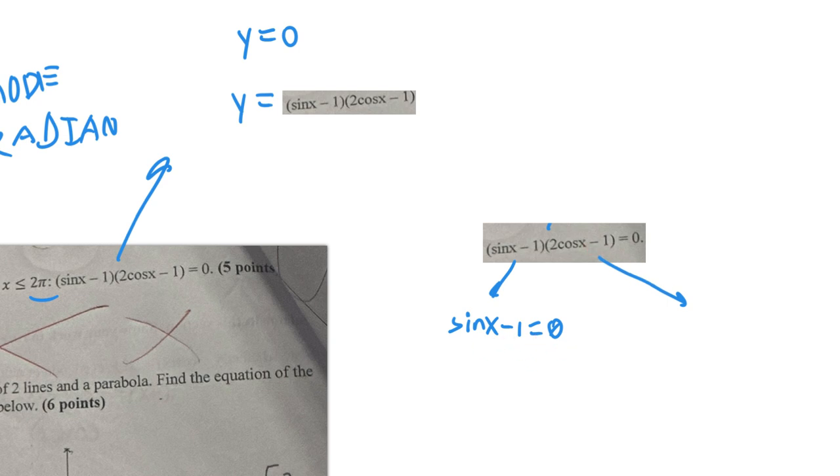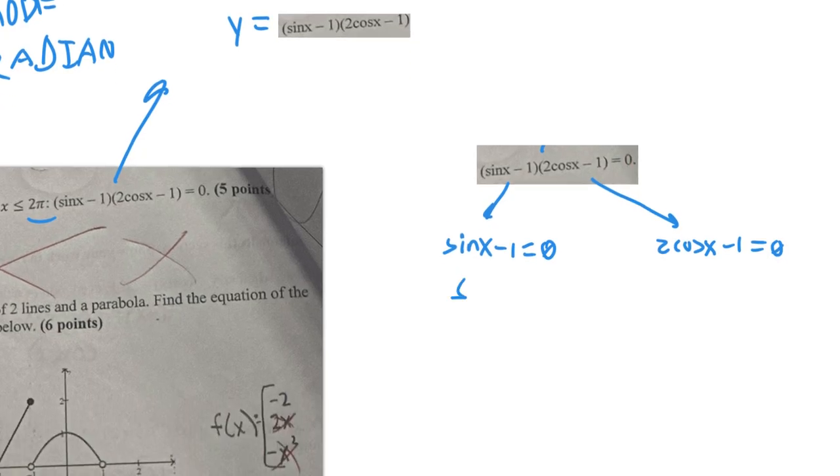Over here, they were kind enough once again to factor, so this is also true because if this whole thing was a 0, then it would be 0 times whatever that is, and then the whole thing would be 0, which is what we're looking for, right? Solving this one, you'd have to add 1 to both sides, and then you would have that. Solving this one, you could add 1 to both sides, divide by 2, and then you have this.